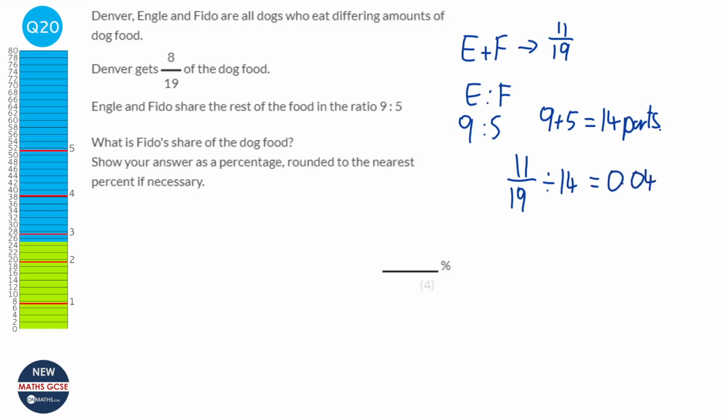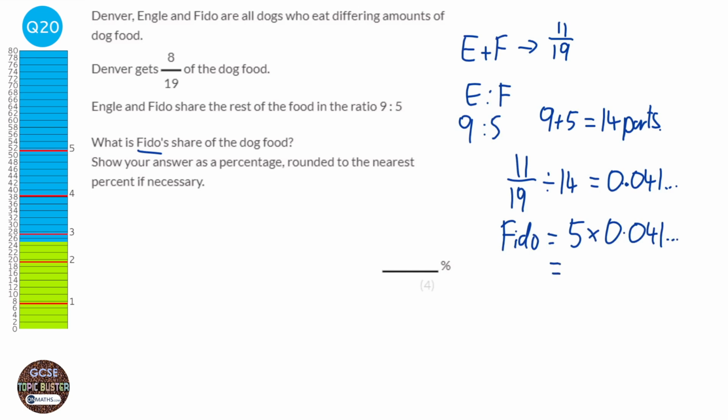So each part is worth, and I'm just going to keep this in my calculator, 0.041 and so on. And we're asked to find Fido's share. Well, Fido has 5 parts, each of them worth 0.041 and so on.